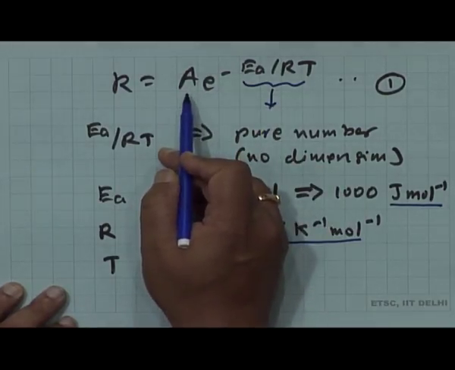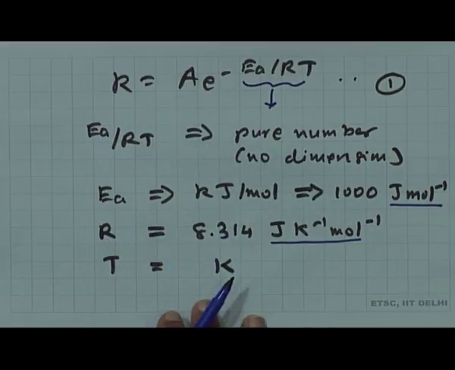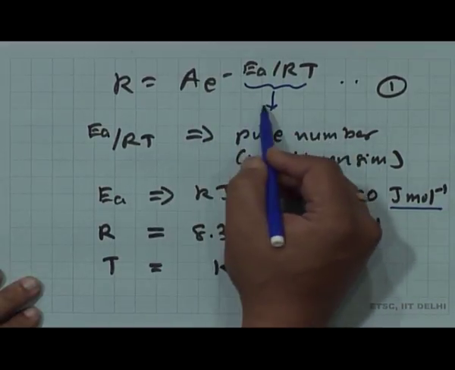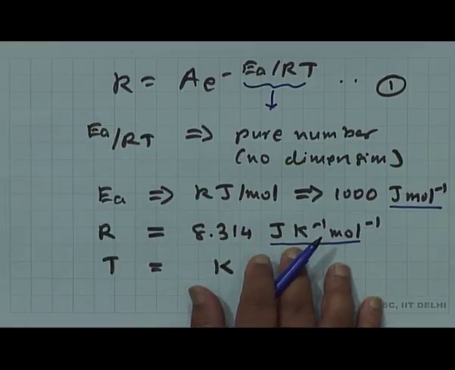So this A, then what is going to happen, because this e to the minus EA by RT is a pure number, right, A has to be equal to k in its units.